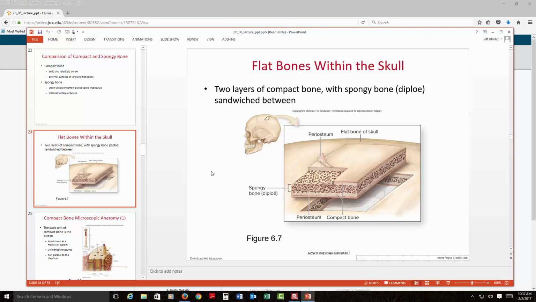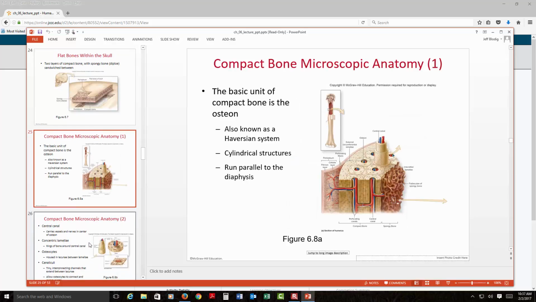So based on the external location of compact bone versus the internal location of spongy bone, there is some structural variation. If you recall, the compact bone repeating unit that we saw in histology was the osteon.